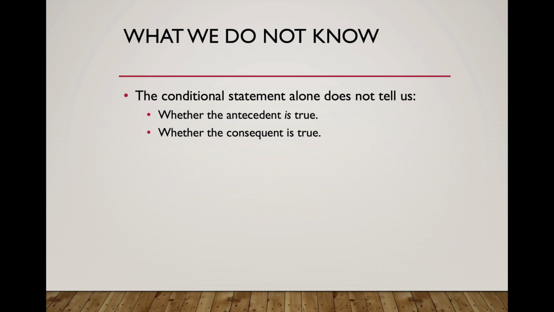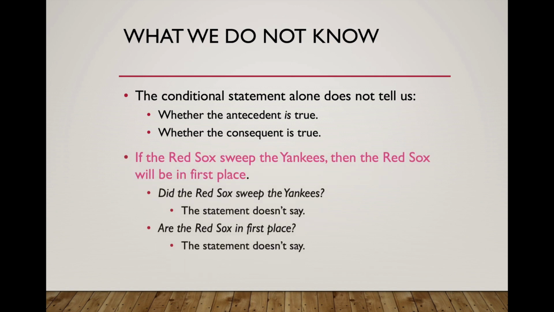It only tells us if the antecedent is true, the consequent will follow. And neither does the conditional statement tell us whether the consequent is true. It only says the consequent will be true if the antecedent is true, right? So we don't know for certain whether the antecedent is true or whether the consequent is true.